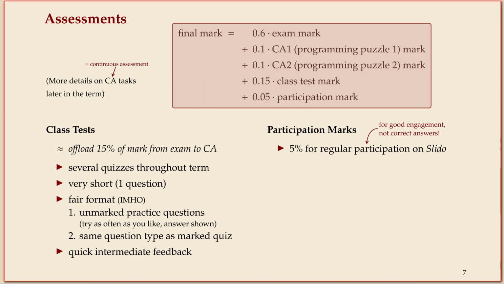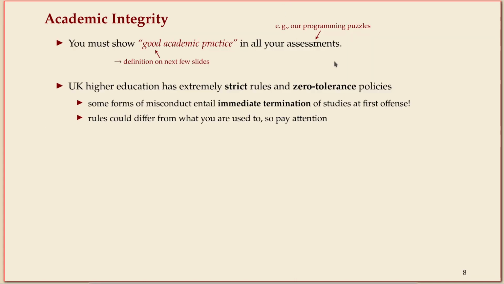Questions on the assessments, or on the marking scheme? Okay, this is the unpleasant part, but I want to say a few words about it. Academic integrity is this notion, very strong in British universities, that you should show good academic practice in all your assessments.